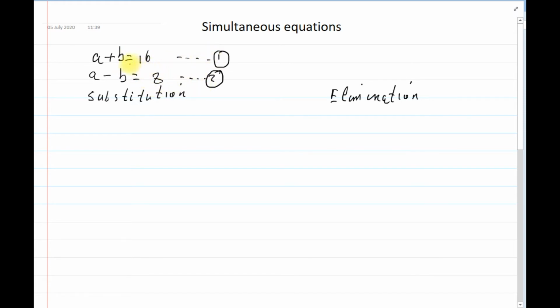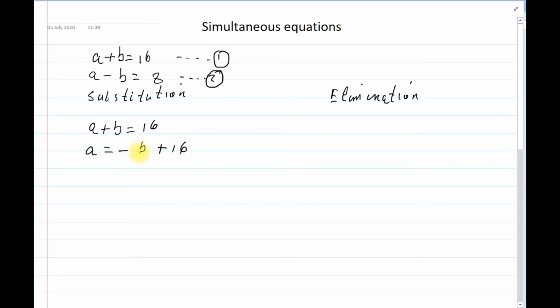Say I take equation number 1. From equation number 1, I have a plus b is equal to 16. If I make a the subject of the formula, I get a is equal to, I move b to the right hand side, becomes minus b plus 16. So I have a is equal to minus b plus 16.